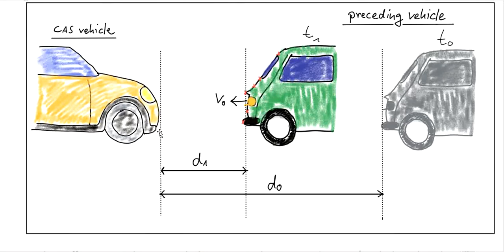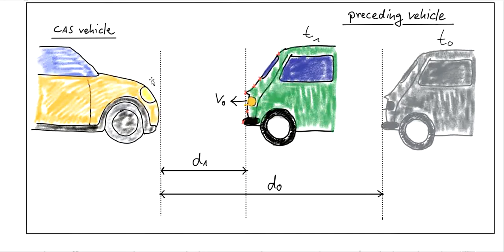How does it know the time to collision, the limit time, meaning the threshold of the collision time? It knows at time t1, with the distance between the two cars d1, that the car has to apply the brake system and stop.